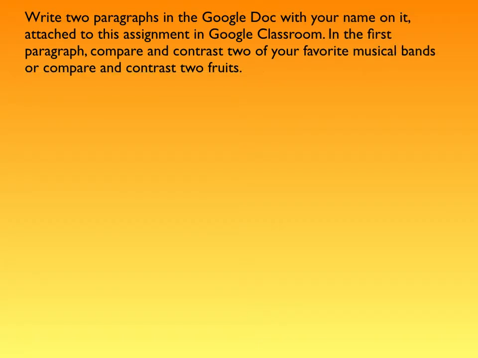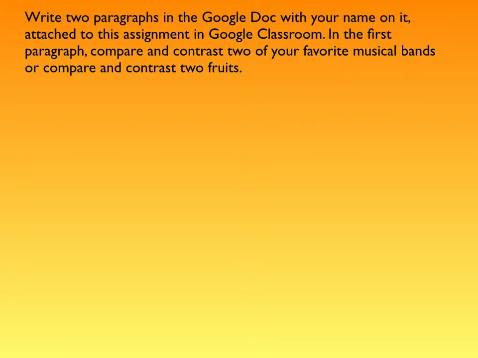So what we'll do is write 2 paragraphs. People who were in class had a slightly different activity. They completed it in class. If you didn't, or if you were not in class, then do this exercise instead.